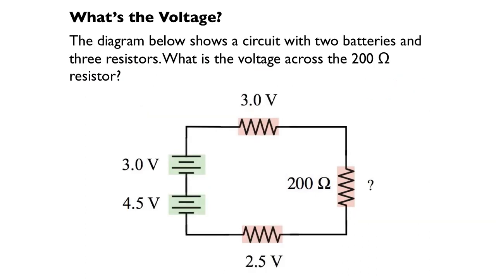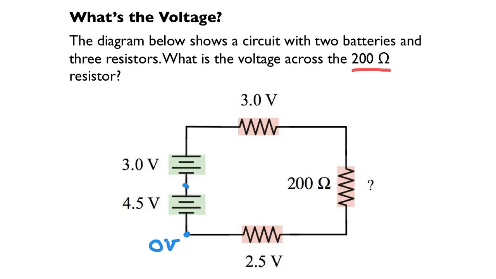And this problem asks us to consider Kirchhoff's voltage law, basically, or just if I go around a circuit and I end up where I started, I better end up at the same voltage. And the question asks, what is the voltage across the 200 ohm resistor? Well, to do that, we're going to say, let's look at the voltages, or the potential at different points in the circuit. We always take the bottom left as 0.